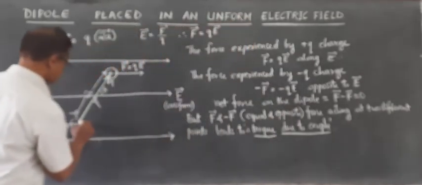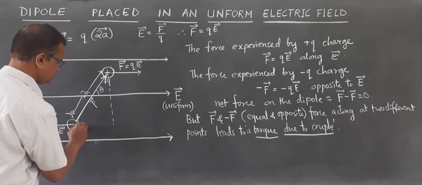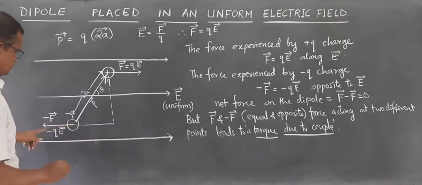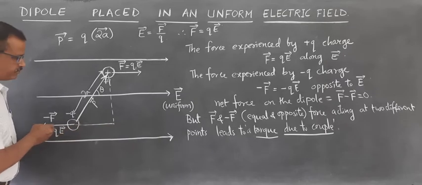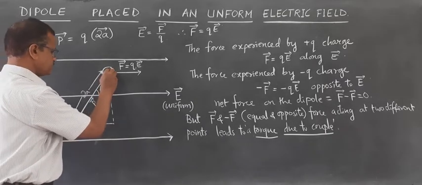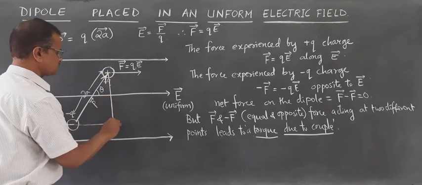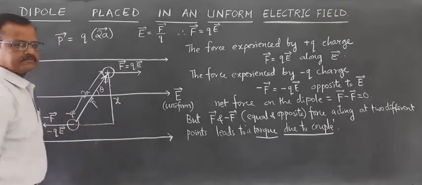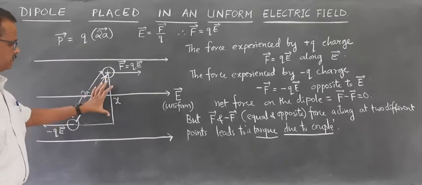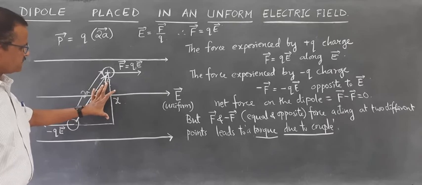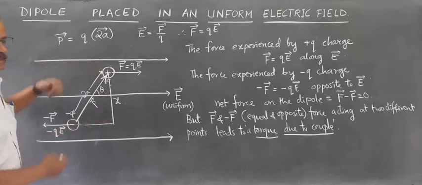So let me draw a perpendicular here and join this. This is the line along the minus F force, and this is the perpendicular. Let us call this perpendicular x. We need to calculate this perpendicular x, so that the perpendicular distance x multiplied by force gives us the moment of couple.